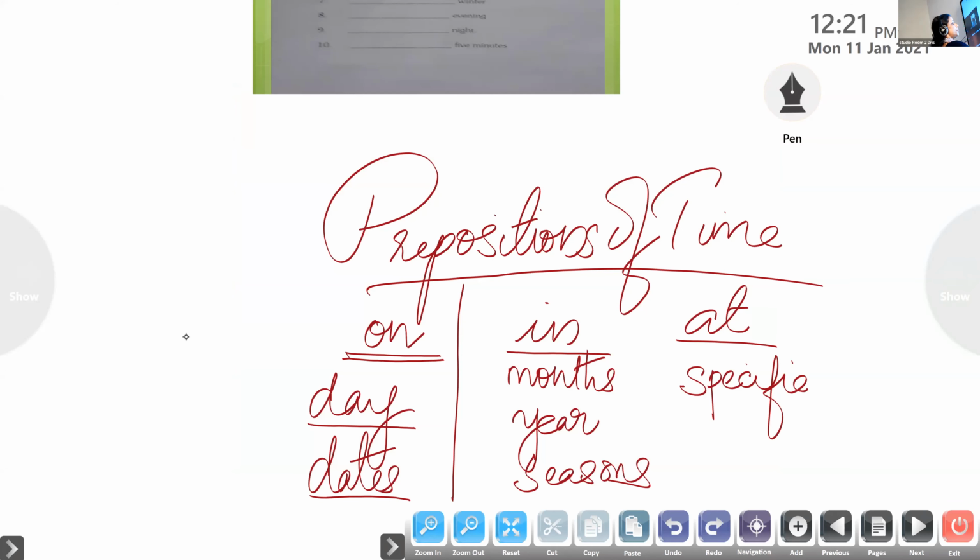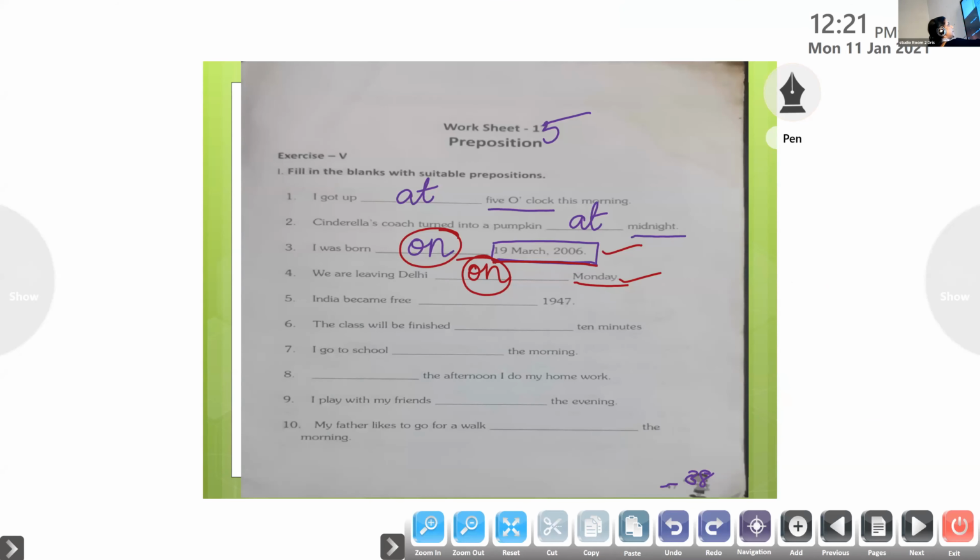See here, if it's a year, which preposition do we use? It's a year. 1947 is a year. So we use the preposition. 1947. Who can give me the answer? No, it is in.